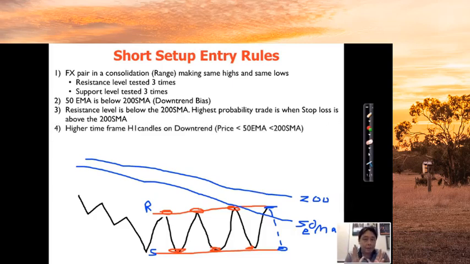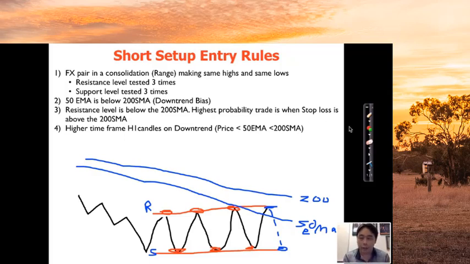Next, we're looking at the 15-minute candle, so always check the higher time frame. Always look at the hourly candles, H1, and ensure the hourly chart is in a clear downtrend as well. So again, how do you define a downtrend? The hourly candles should be below the 50 EMA, and the 50 EMA below the 200 simple moving average. All right, so that is the short setup that we're looking for.